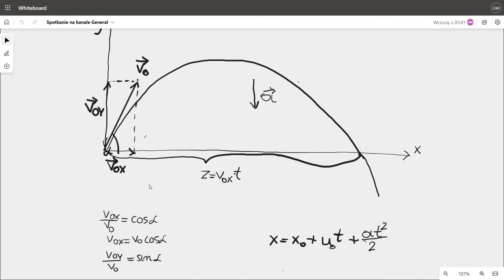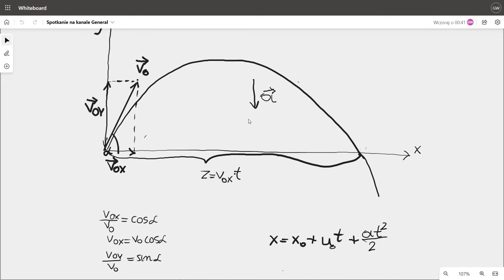Acceleration vector is directed vertically to the ground, so its coordinate in the direction of axis y is negative. You can see it here. Value of coordinate of acceleration vector equals minus g, where g is gravitational field strength.